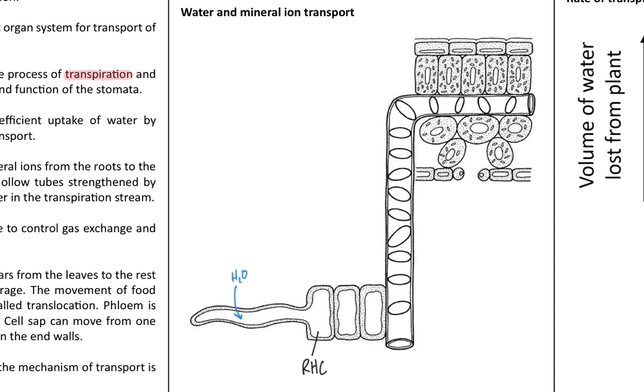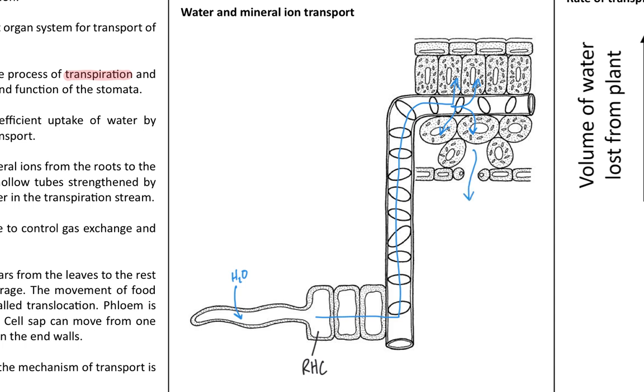The root cell contains a salty solution, and therefore water will move by osmosis through the partially permeable membrane into the root hair cell, and then it goes into here. This is the xylem, and it's just going to move up the xylem, and it's going to move into these cells up here. However, it also leaves via the open stomata.